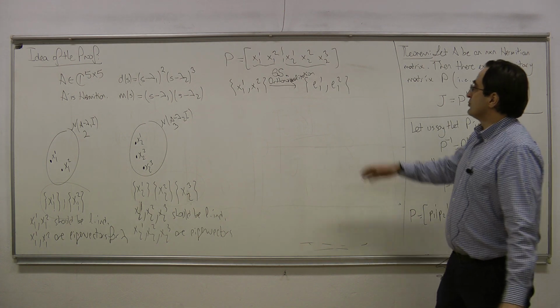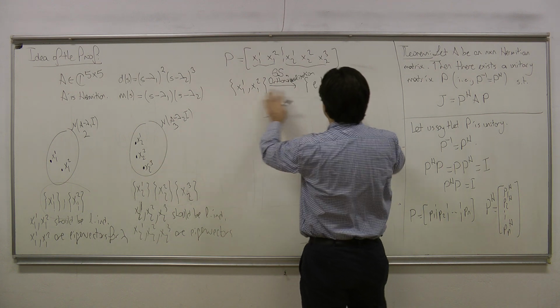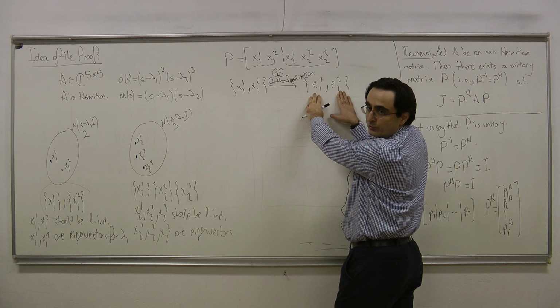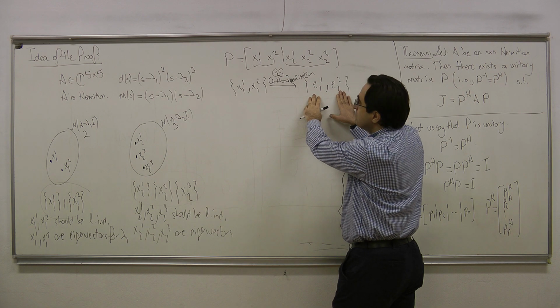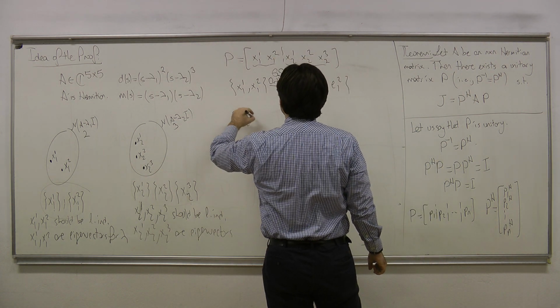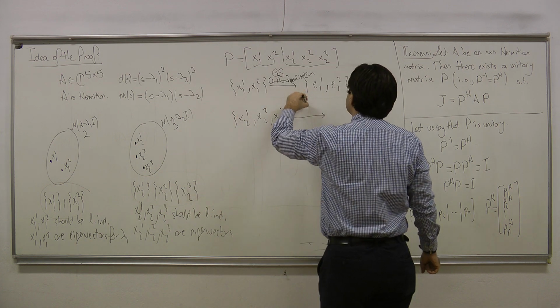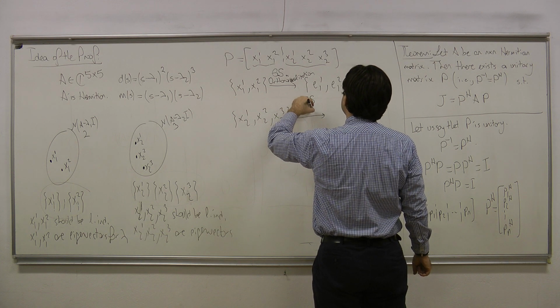Okay? So you see that I can replace this basis of the first null space with this orthonormal basis. Okay? And then I can do the same thing for the second set, x21, x22, and x23. Apply Gram-Schmidt orthonormalization to this.